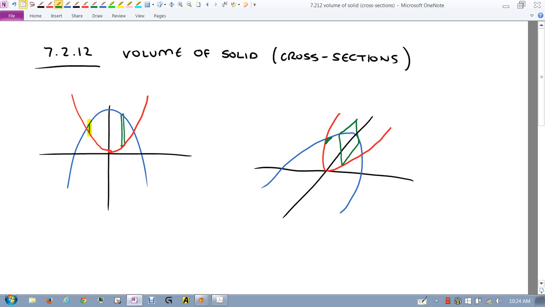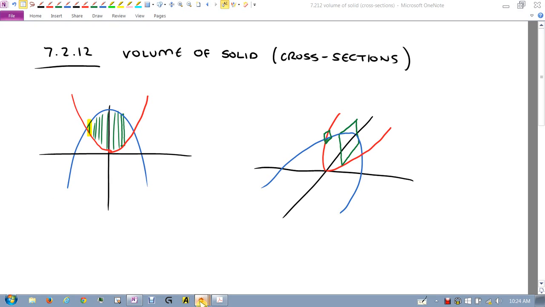Because it's got a smaller base than the one I drew before. So it would look like a little square like this. Do you all see that? Imagine taking every possible cross-section and making squares out of all of them. Wouldn't that eventually form a solid here? Yes? What's the volume of that?